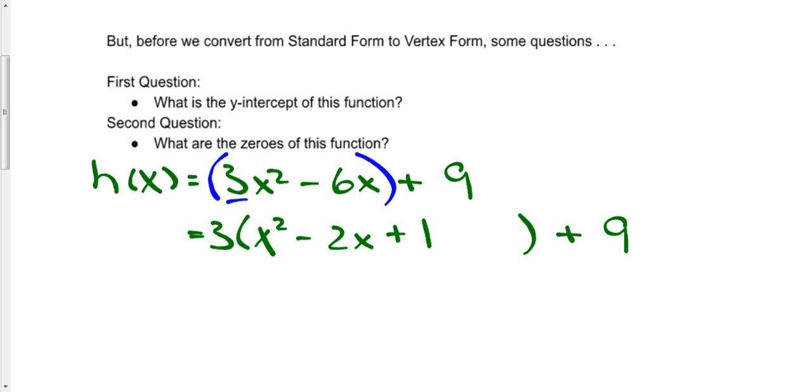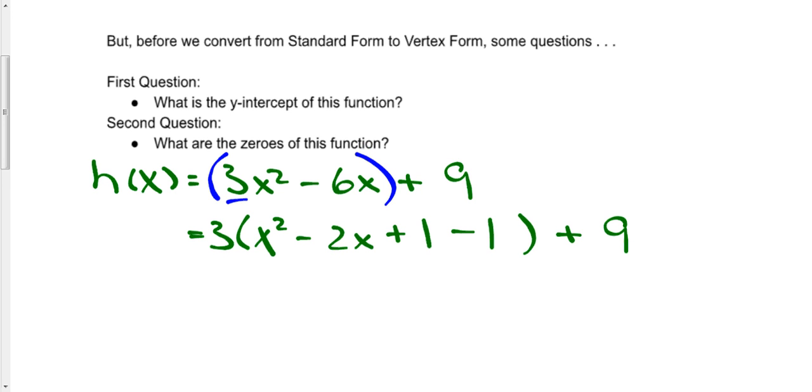Now, can I just add stuff willy-nilly? I either have to add to the other side, or I'm going to do something different, Zach. I'm going to minus 1 right after it. Yep, we're getting there, Dawson. The big reveal is coming.